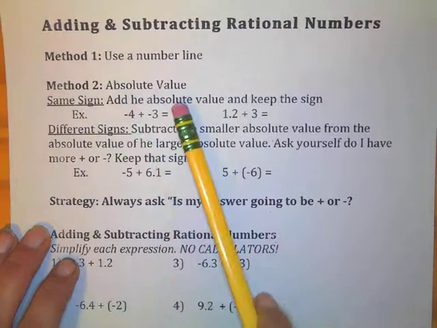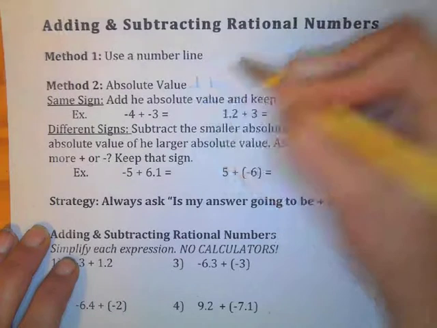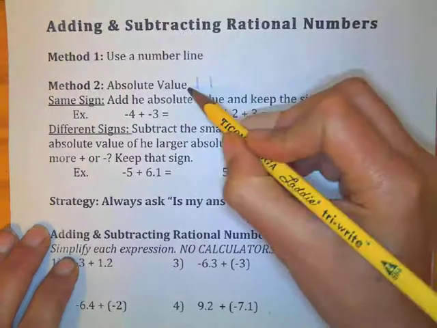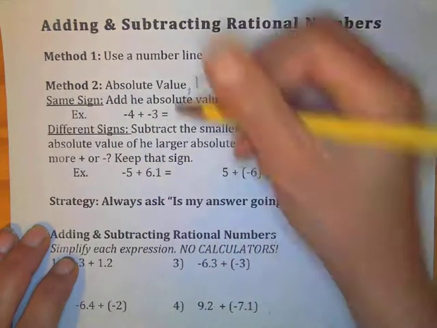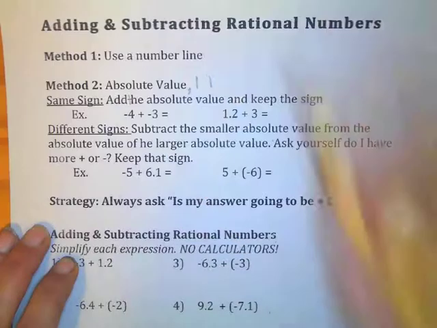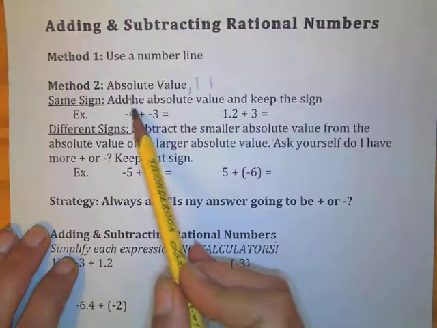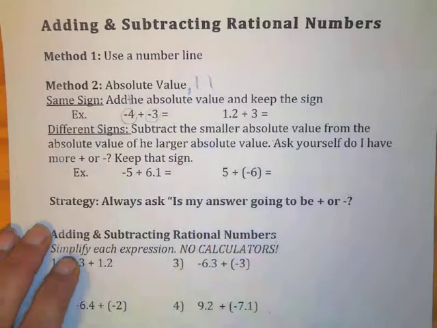It's using absolute value, and absolute value is, you might remember these little symbols, the distance from 0. So if the signs are the same, add the absolute values and keep the sign. For example, here's -4 and -3.